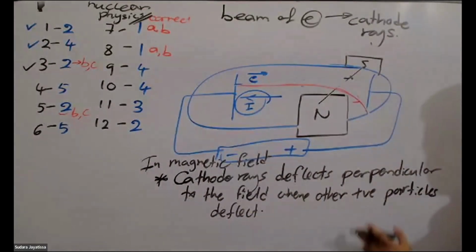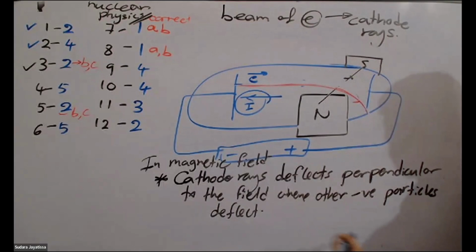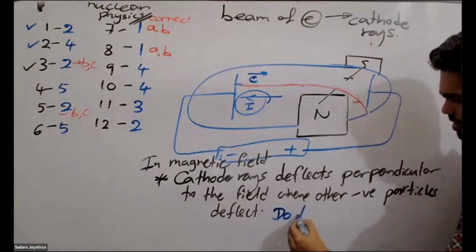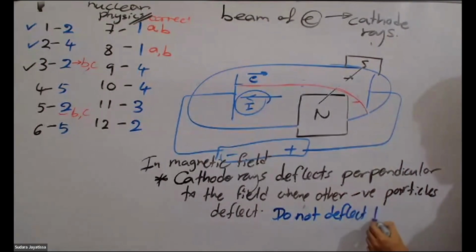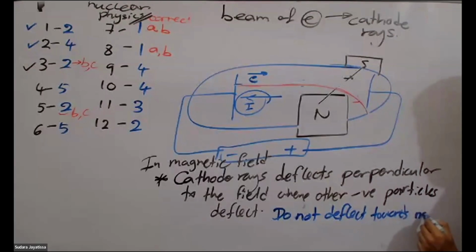Sorry, not positive, negative. Cathode rays are negatively charged. So all the negative particles deflect downward if you place the north and south poles like this. Is that clear? Then what happens? They do not deflect towards the north or south pole. You can add that too: do not deflect towards north or south pole.